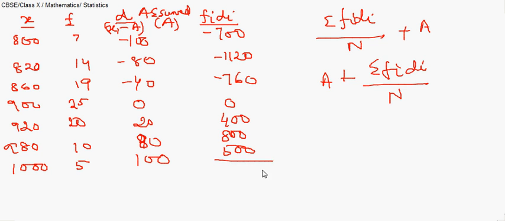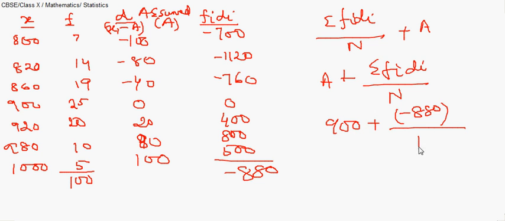This, if I calculate, will give us minus 880, and if I calculate summation of f or n, this is giving us 100. So a was 900, I had assumed, plus summation of fd was minus 880 by n was 100.